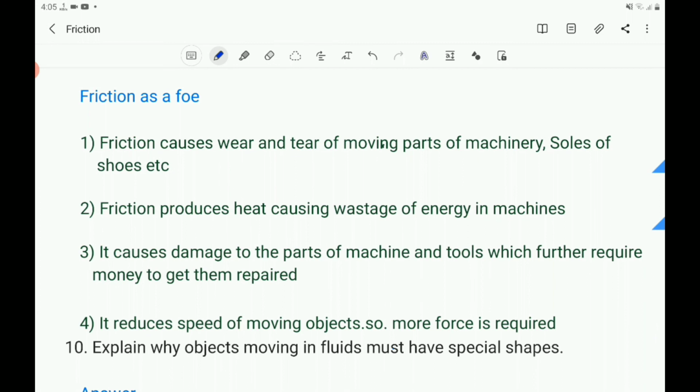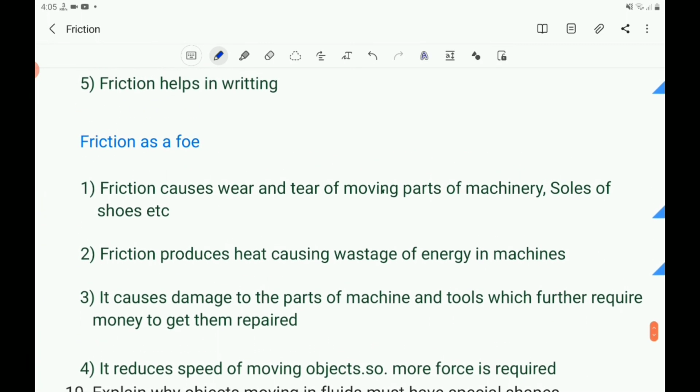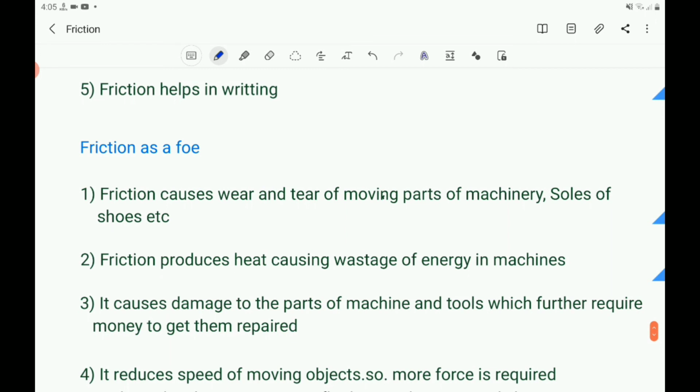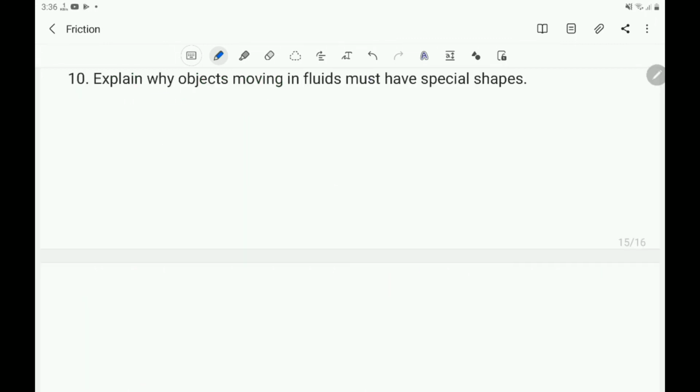It causes damage to the parts of machines and tools which further require money to get them repaired. Friction reduces speed of moving objects, so more force is required. So, friction is a foe.